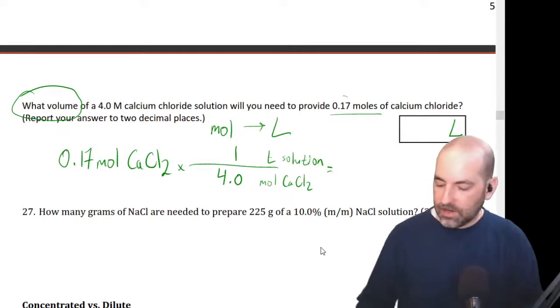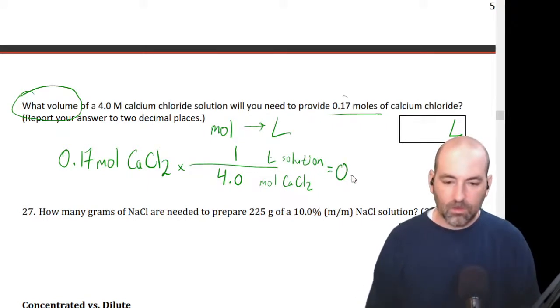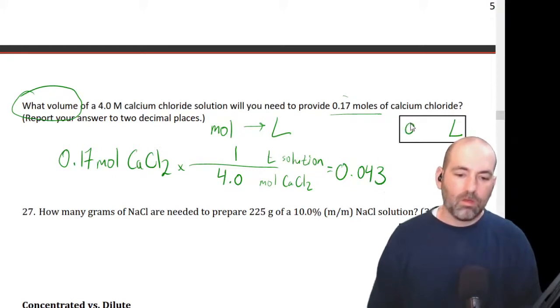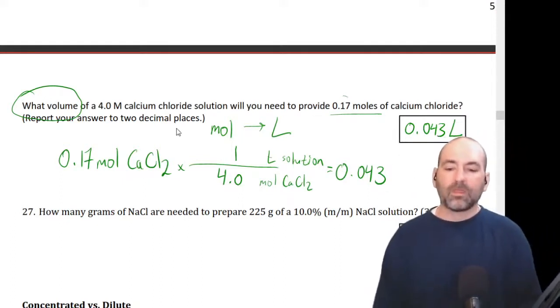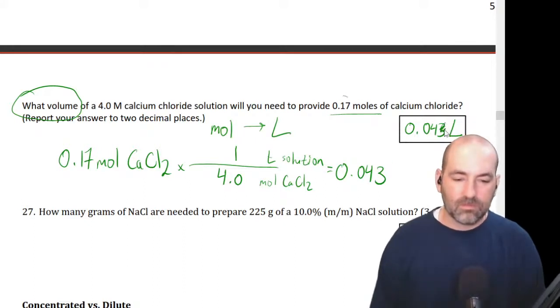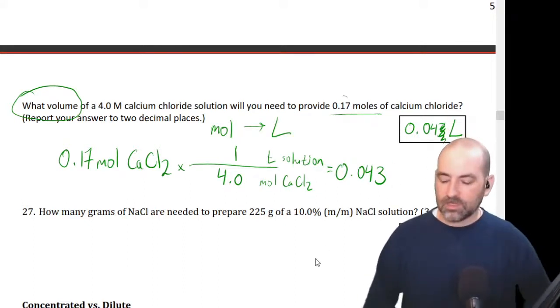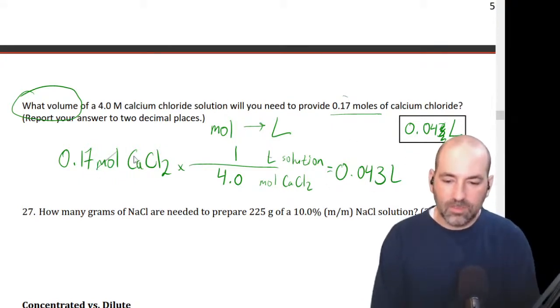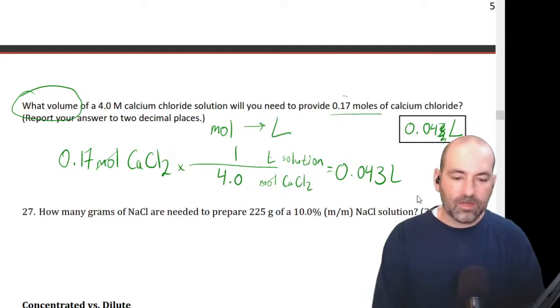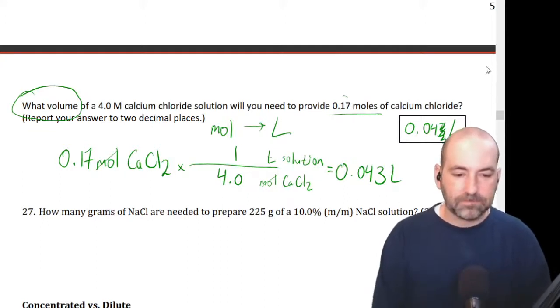If we do that conversion, we get 0.043 liters or 43 milliliters. It said 2 decimal places, so call it 0.04, but fine. If you actually calculate it out, it comes out to 0.0425 liters. So moles have canceled, and instead we have liters of solution.